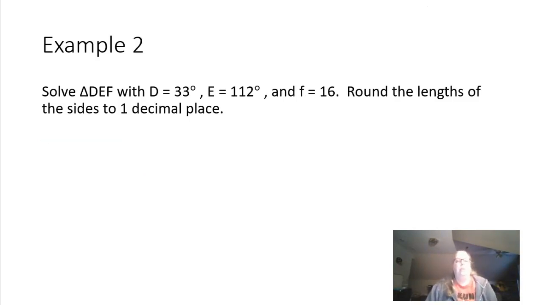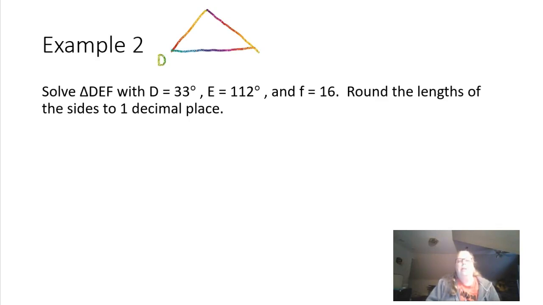Example 2, solve triangle DEF with angle D equal to 33 degrees, angle E equal to 112 degrees, and side F equal to 16. Round the lengths of the sides to 1 decimal place. All right, let's start off with drawing our picture. Triangle DEF.